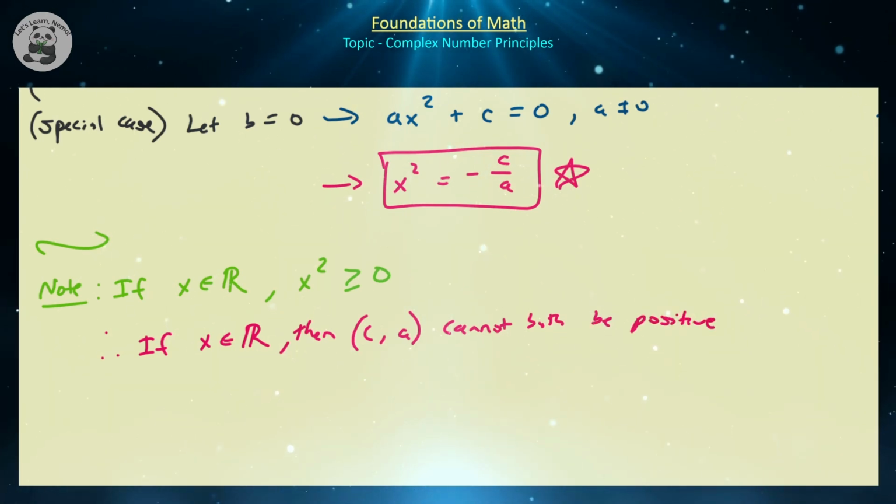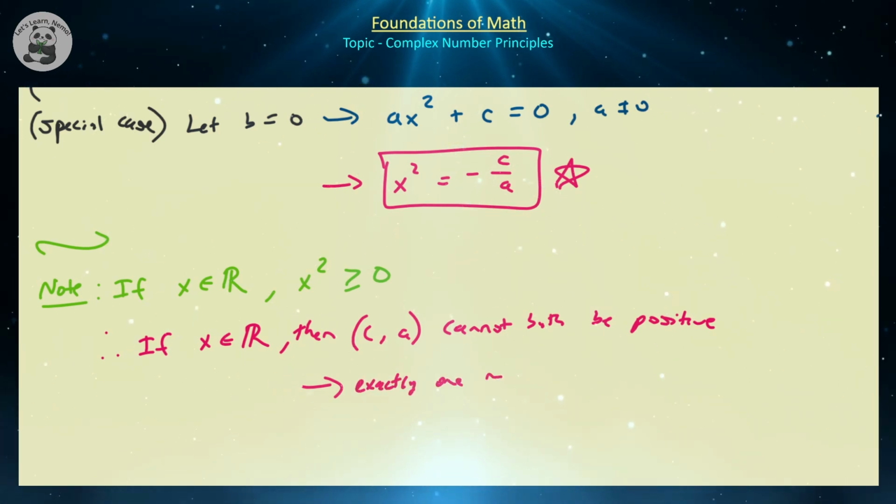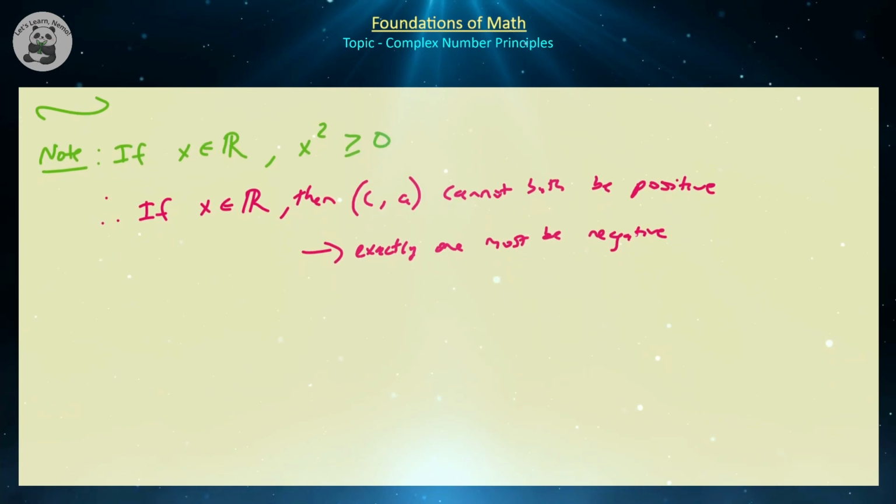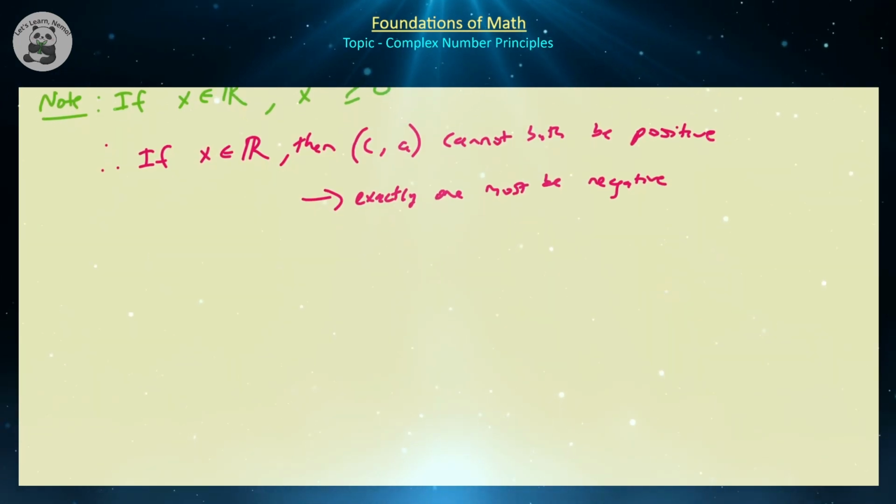Because if they were, then c divided by a would be positive, and negative c over a would be negative, and x squared cannot be equal to a negative quantity, right? So c and a cannot both be positive, and that means exactly one must be negative. Because if both were negative, that would be equivalent to the both positive case, which if x is a real solution, cannot exist.